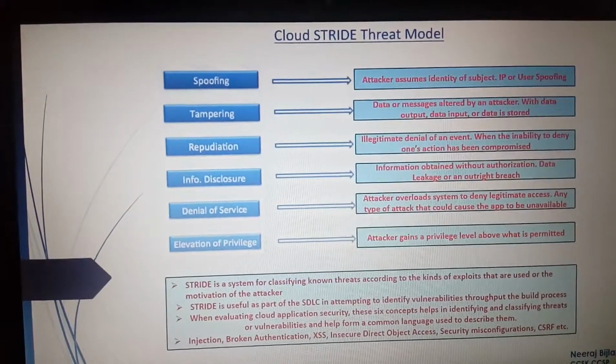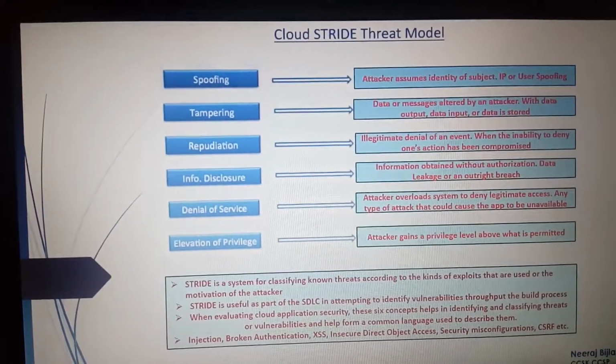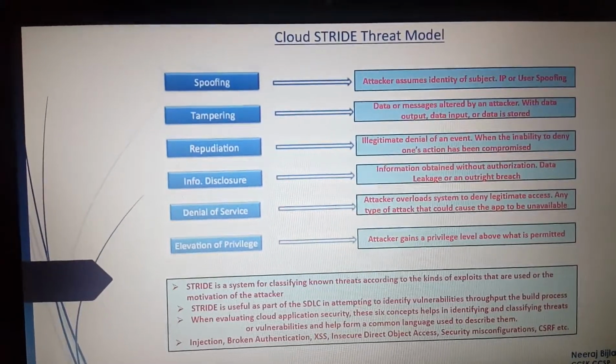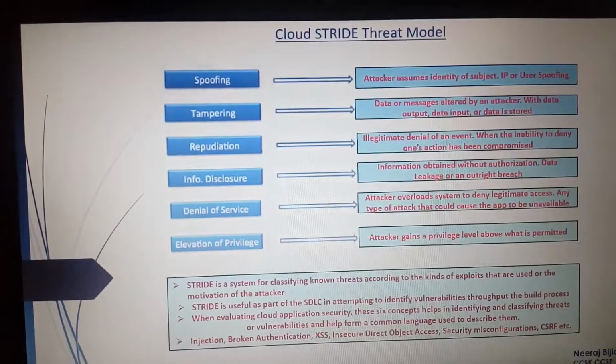So this is all about the six concepts in the cloud STRIDE model that cloud developers should adopt in the SDLC process.